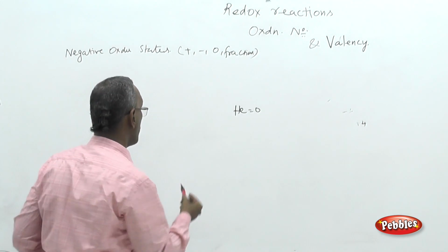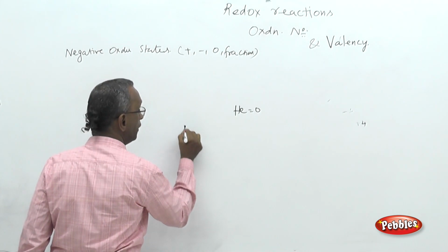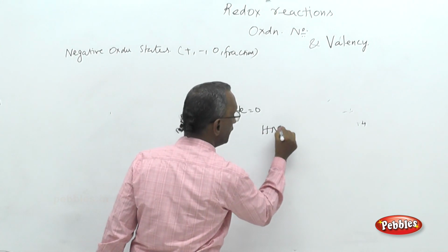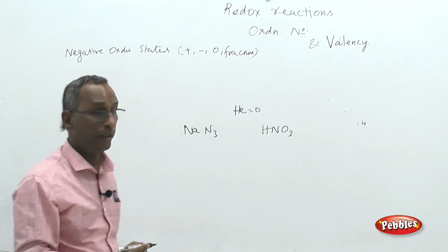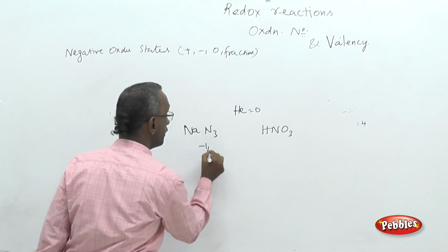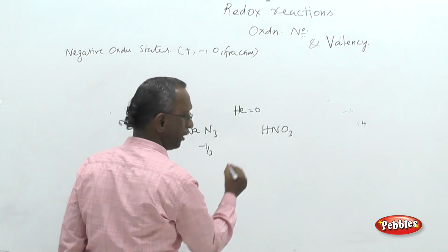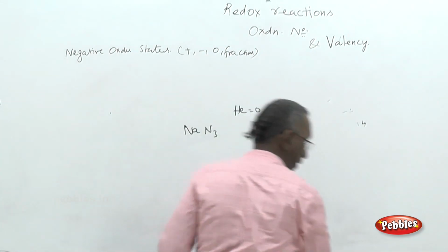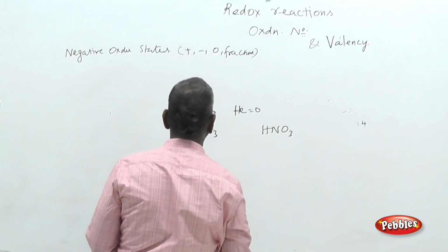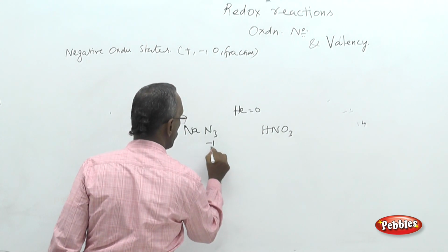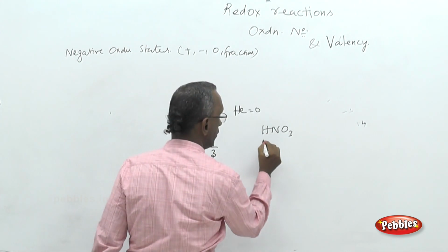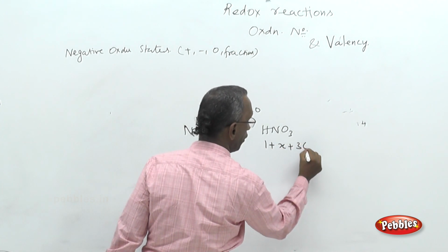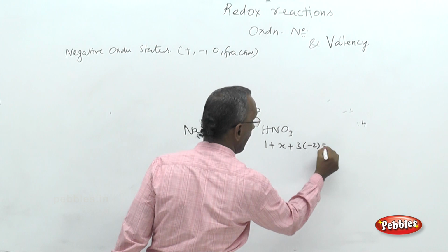So we can compare the oxidation state of nitrogen in different compounds. This is NaN3, where nitrogen shows an oxidation state of -1/3. Another common compound is nitric acid, HNO3. Let us calculate the oxidation state there. Hydrogen is +1, nitrogen we don't know, and there are 3 oxygens each with an oxidation state of -2.